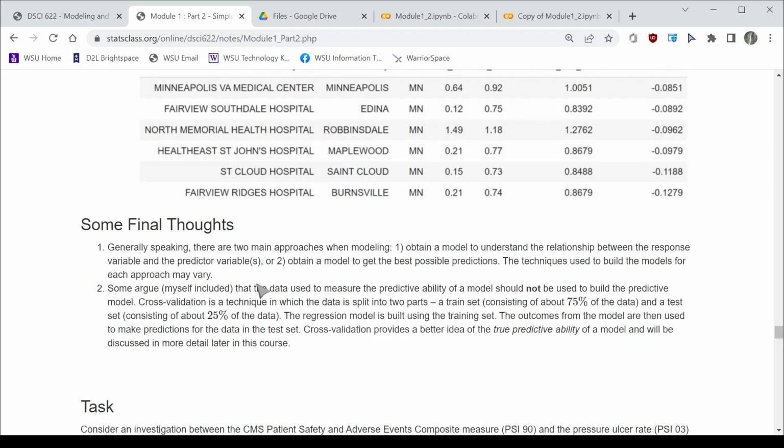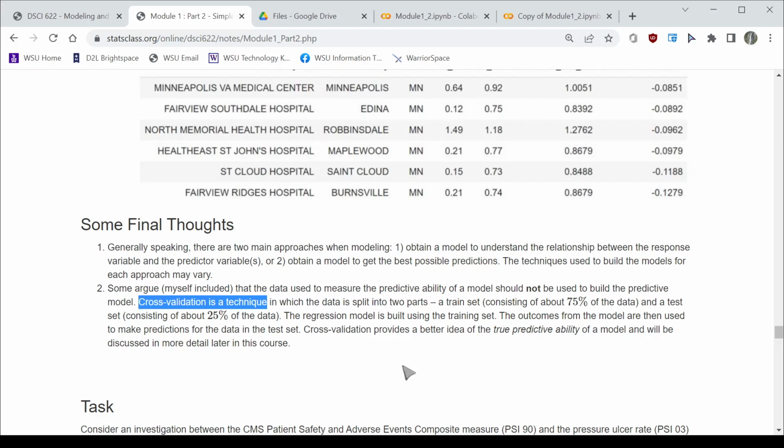Some argue, including myself, that the data used to measure the predictive ability of a model should not also be used to build the model. So there is something called cross-validation. Cross-validation is a technique in which the data is split into two parts.